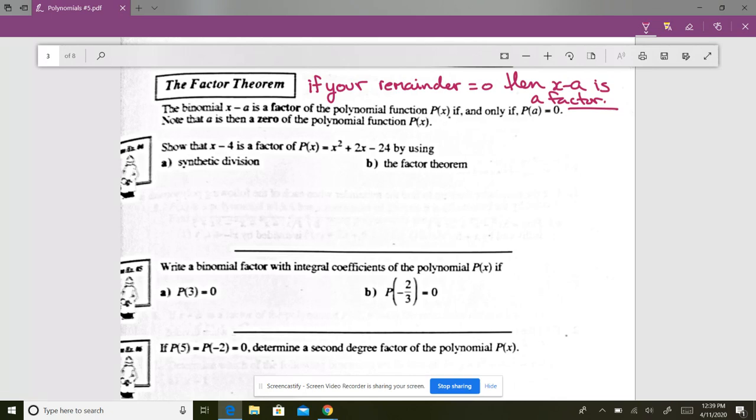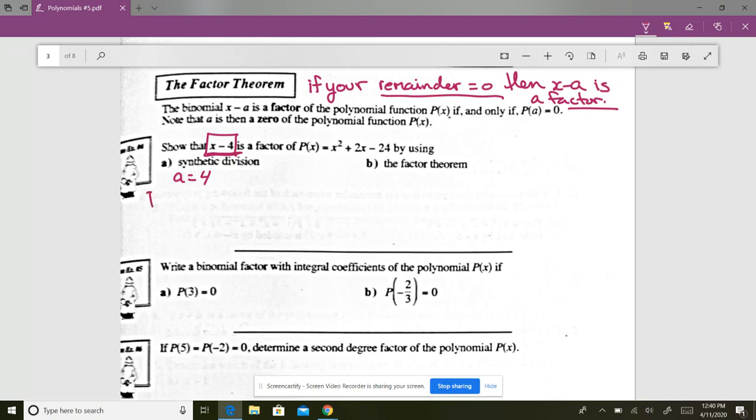So we're going to do a polynomial we already know how to factor: x squared plus 2x minus 24. We want to prove that this is one of the factors. So what is my a value here? The a value is 4. If your remainder equals 0, then x minus a is a factor.